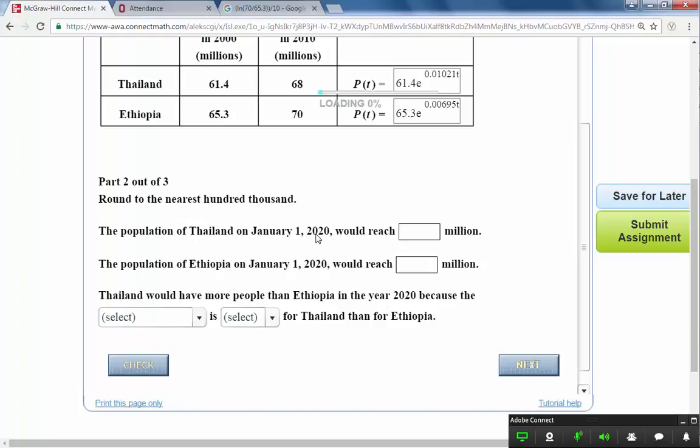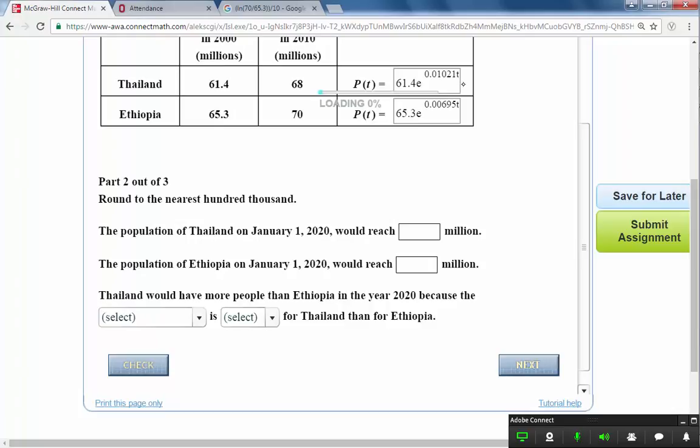All right, now we have worked hard and built an equation for each country. What's the benefit of building such an equation? With this equation, you can estimate any future population of any of these countries. Like Thailand, you want to figure out what's going to happen in 2020.